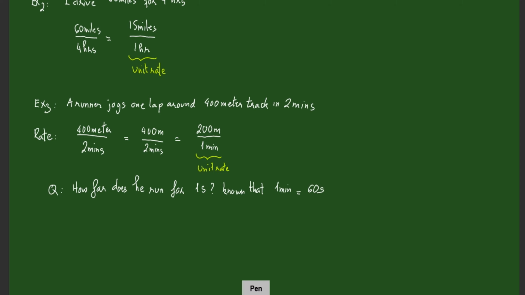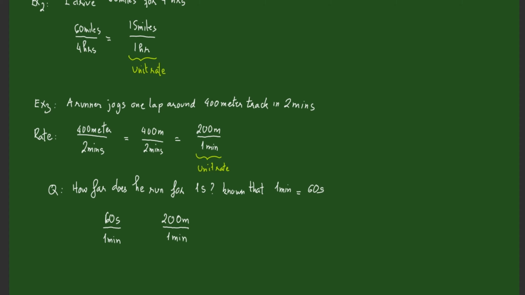Because we need to change the minute and keep the second, we know it's 60 seconds per 1 minute. We know 200 meters for 1 minute.